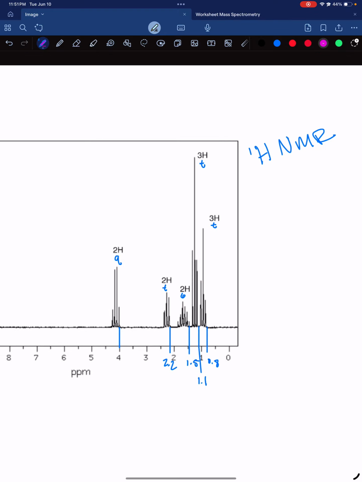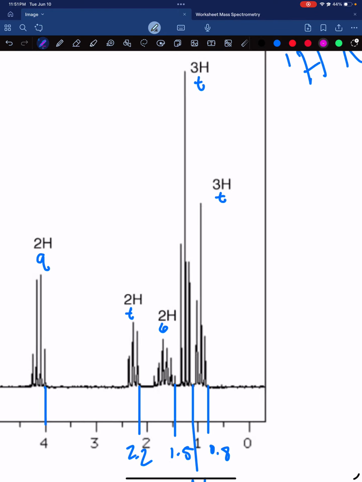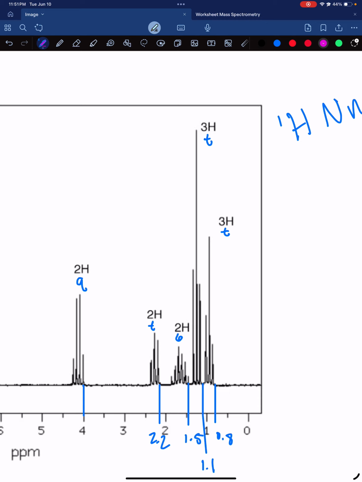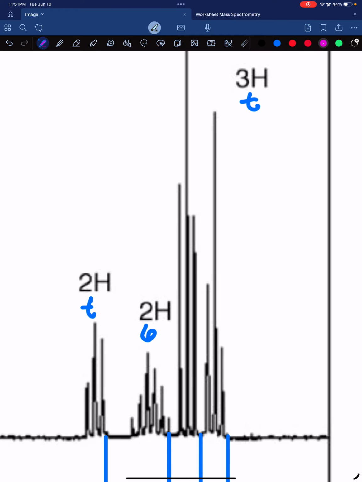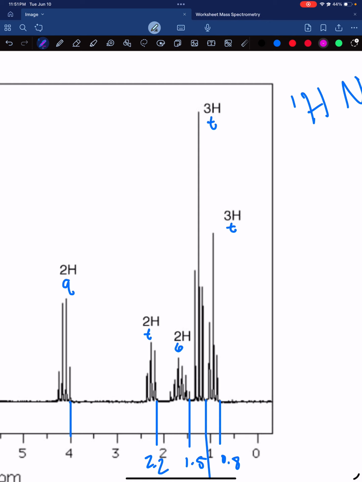For my proton NMR, I'm just going to zoom in a little bit here. You were generous with giving the hydrogens, so I was able to zoom in and figure out what my multiplicity was. I have a triplet here because it's 1, 2, 3 spikes. I have another triplet with 3 spikes here. That's 3 hydrogens in that triplet.